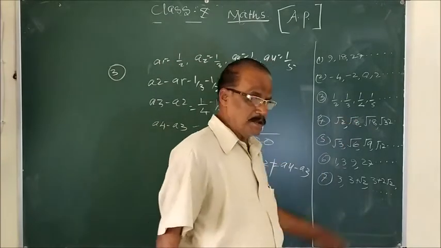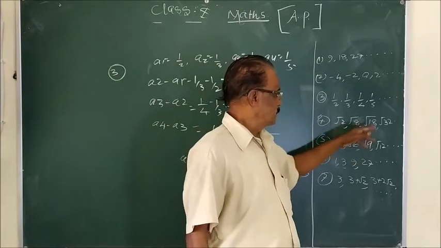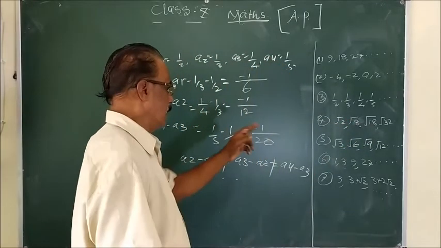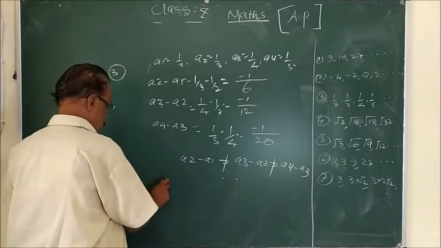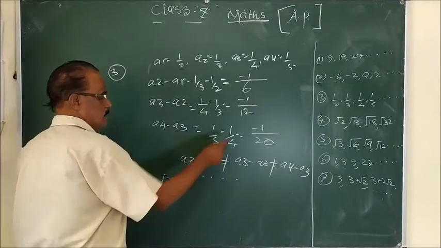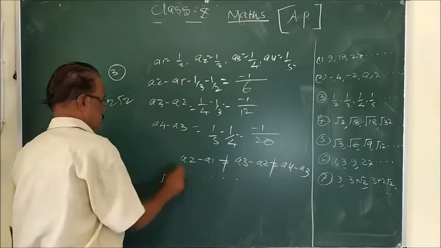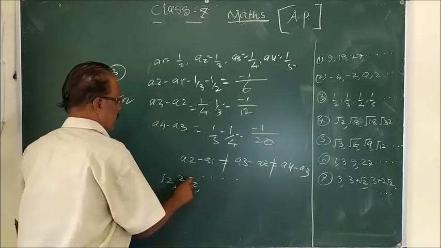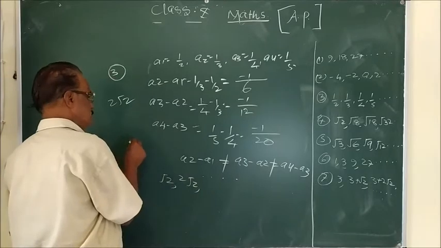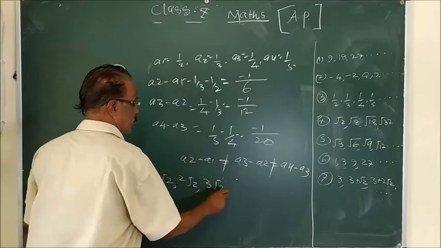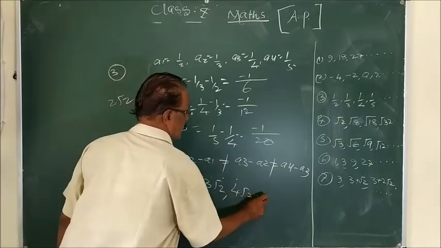Number 4, you see root 2, root 8, root 18. So if I ask you what is the common difference in this AP? First term root 2, second term root 8, you can simplify it and you will get 2 root 2. And root 18 you will get 3 root 2. And this is 4 root 2 like that.